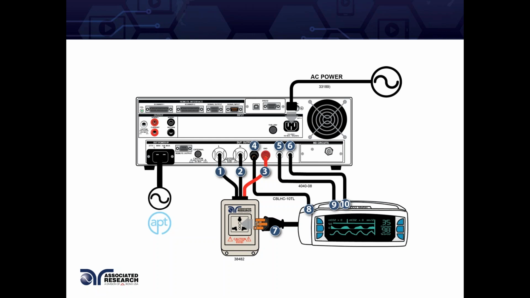Let's start looking at the adapter box connections first. This is where the device under test will be plugged in for a safe connection for making leakage current measurements. Labeled 1 and 2 are our line and neutral connections for the adapter box, and the red wire labeled number 3 is the GND, the ground connection. On the very bottom left, we have the sign of an AC source, denoted by APT as well.